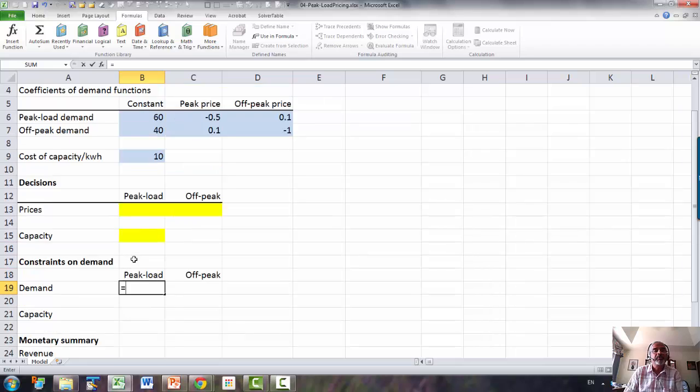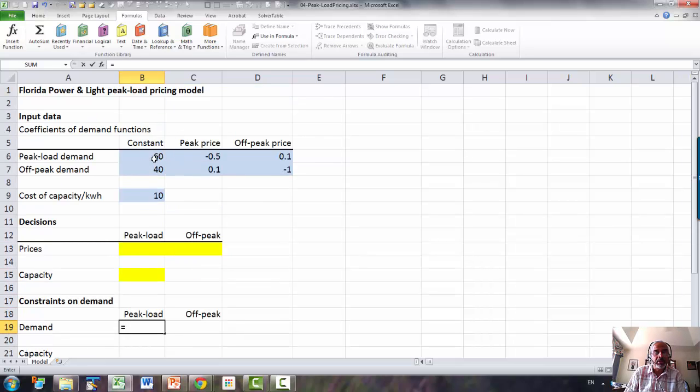So demand is, okay, so P sub constant, plus peak price coefficient, so we'll multiply that with the peak load price, plus off-peak price coefficient times the off-peak price. So that's the demand for peak period.